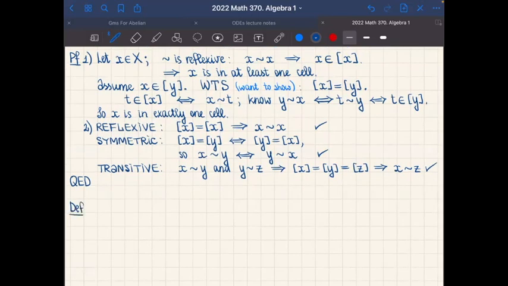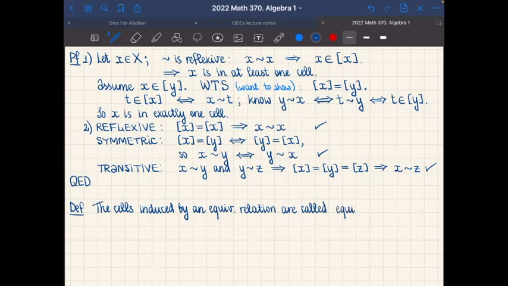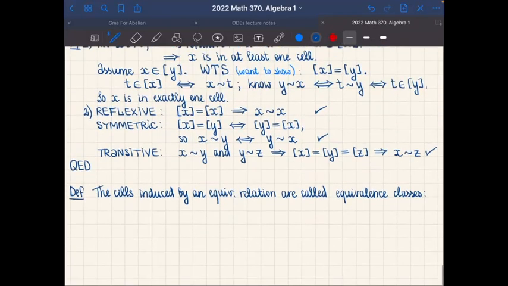This theorem yields the following definition. The cells induced by an equivalence relation are called equivalence classes. So this cell is called the equivalence class of x.